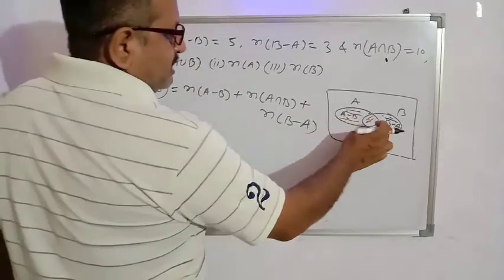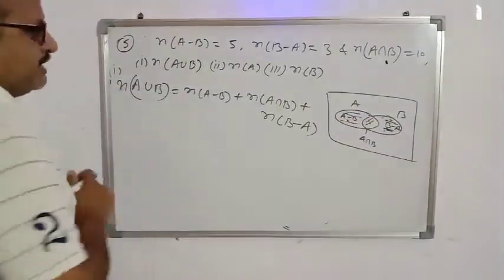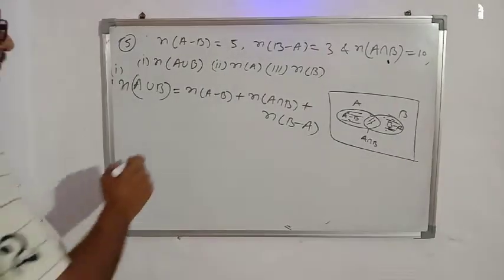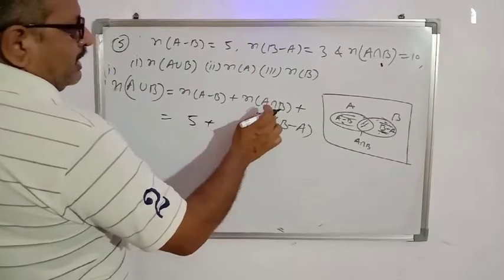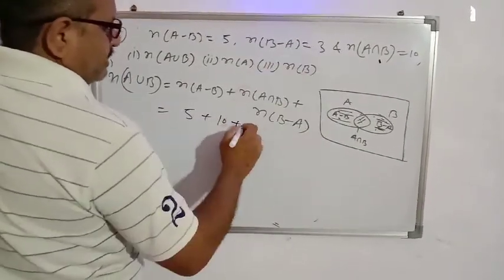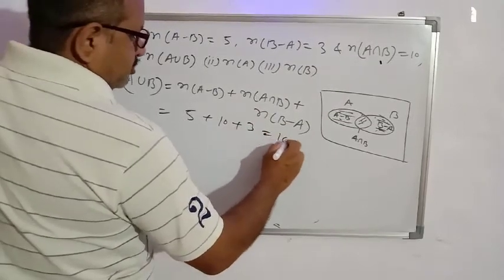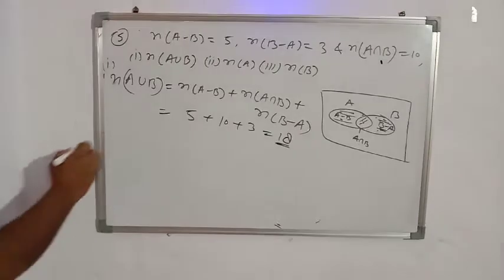So the sum of these three regions, all three being disjoint sets, we will get n(A union B). n(A minus B) is given 5, n(A intersection B) 10 and n(B minus A) is 3. So total 18. n(A union B) is 18.